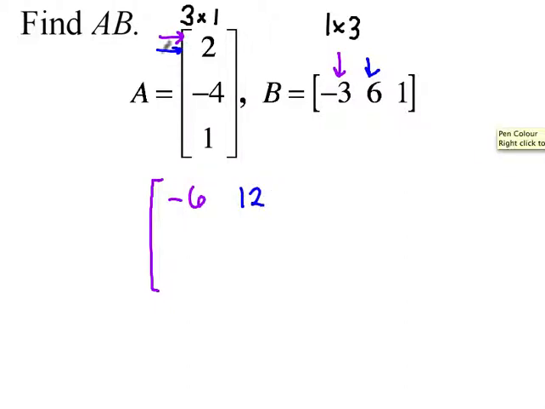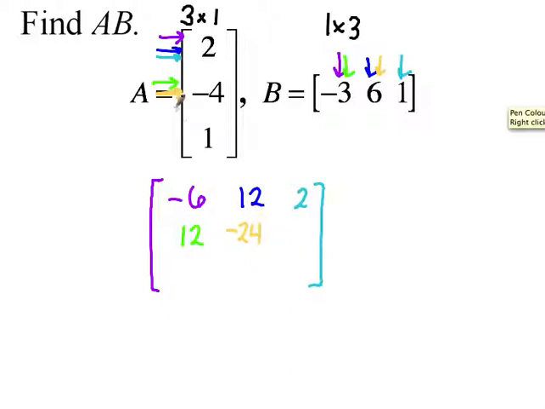I'm now going to take row 1, column 3, and what do you get? 2. So see, it's really not that bad. Row 2, column 1, what do you get? 12. Row 2, column 2, negative 24. Row 2, column 3, negative 4.